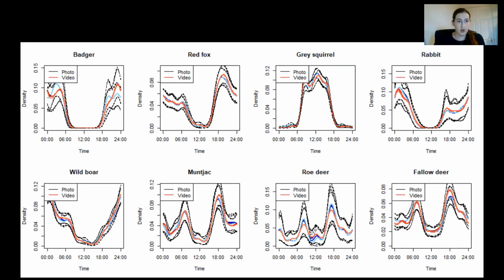And these graphs here just show activity patterns for different species. So for an activity pattern, it's important to get all the detections to show when species are active, and the lines overlap a lot because the photo and video were essentially collecting the same data, which is good.